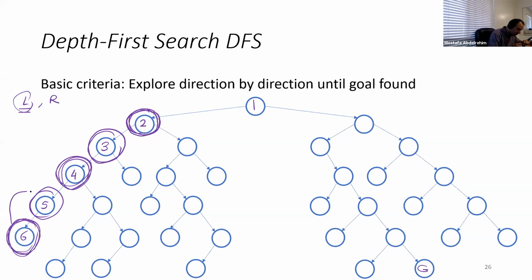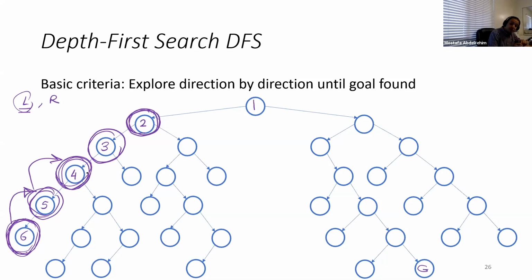Then we go back one step to 5 and ask: does 5 have any other node connected to it? No, it has only one node, which is already explored. So we go back another step, to the parent of 5, which is 4.